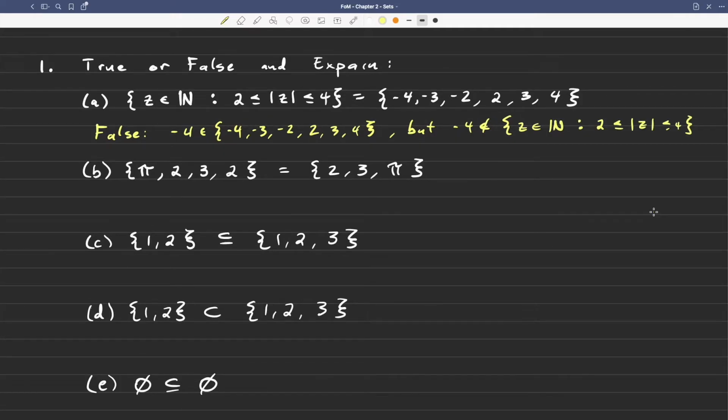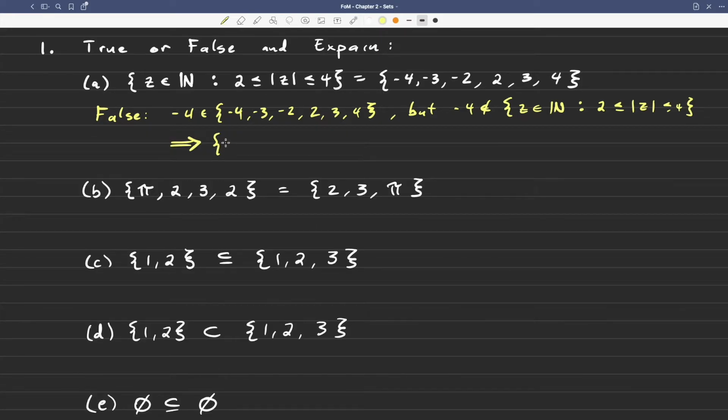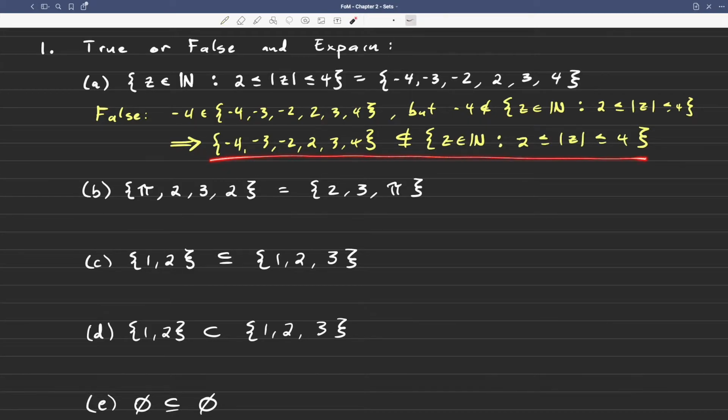That shows that the right-hand set is not a subset of the left-hand set, but equality requires that they be contained in each other. So this fact tells you that the 2 sets are not equal, because we have that containment in the definition of equality.